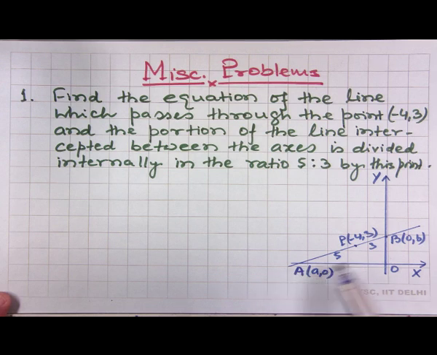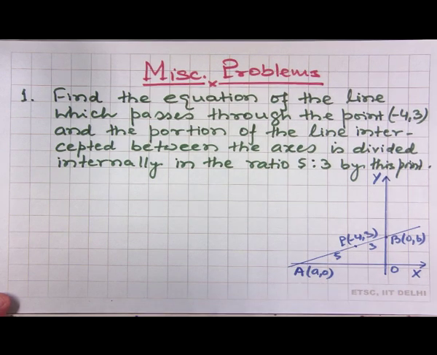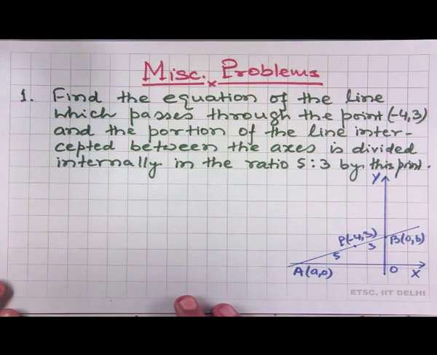We have to find the equation of this line AB which passes through this point P (-4, 3), and this point P divides AB in the ratio 5:3. So first of all we find the points B and A by using the section formula.